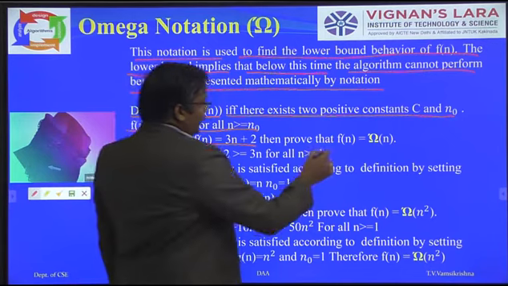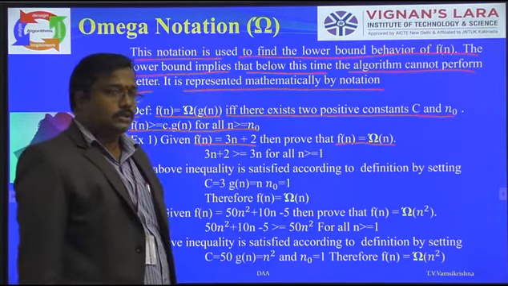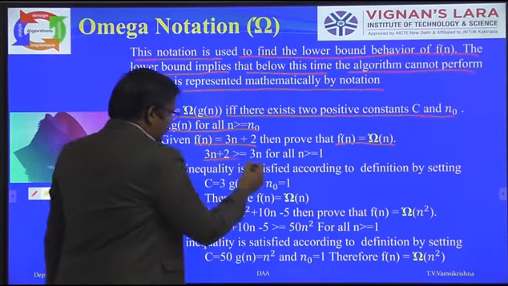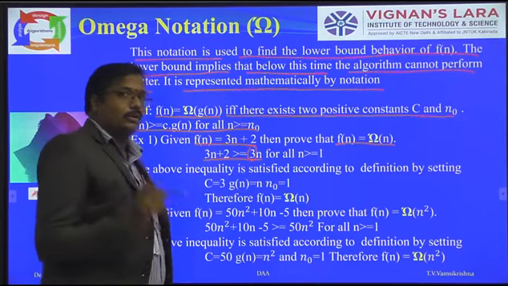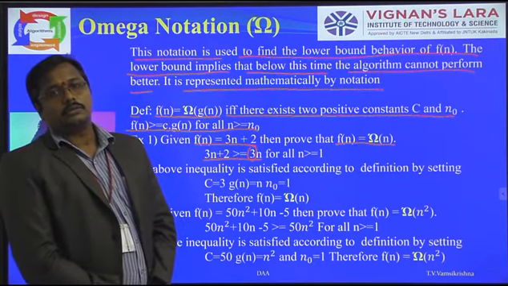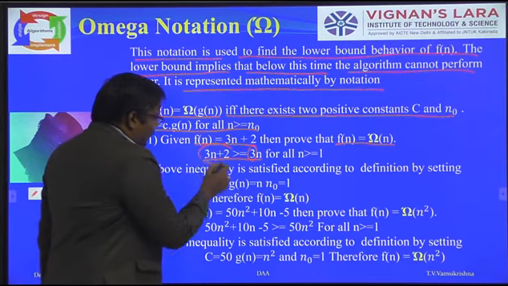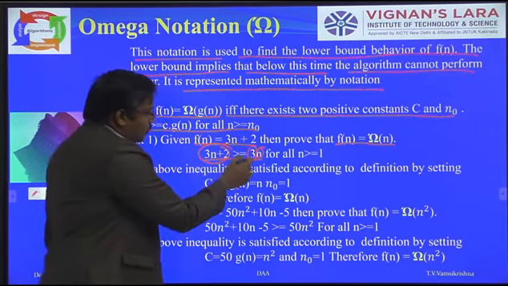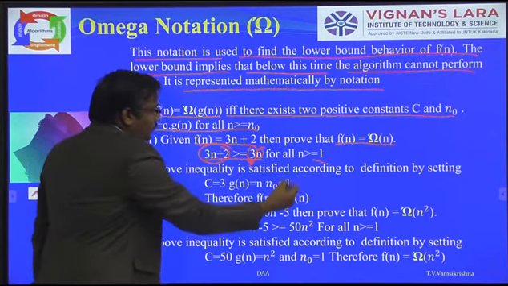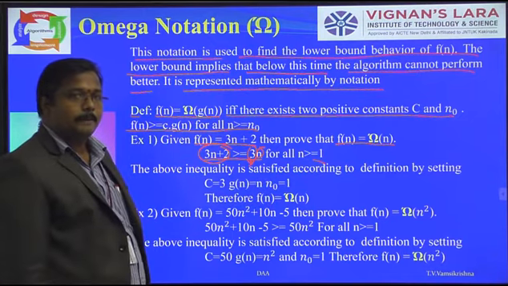We need to prove f of n is equal to omega of n. Lower bound means we substitute 3 only here: 3n plus 2 is greater than or equal to 3n. So f of n value is 3n plus 2, g of n value is n. The c value is 3, n naught value is 1. This is true for all the cases.